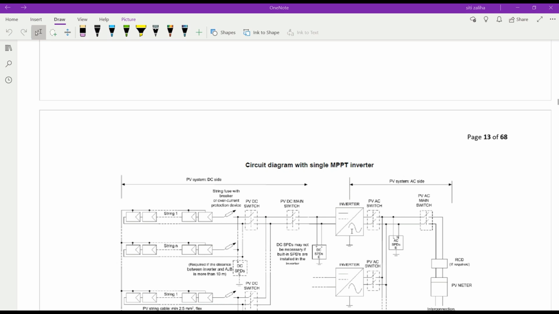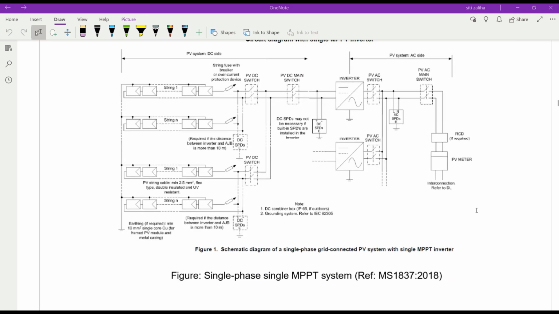So this inverter is protected by this DC SPD on the DC side and AC SPD for the AC side. Also, it has a PV-DC main switch, PV-AC main switch, and PV-AC switch. Okay. Sometimes they include RCD.